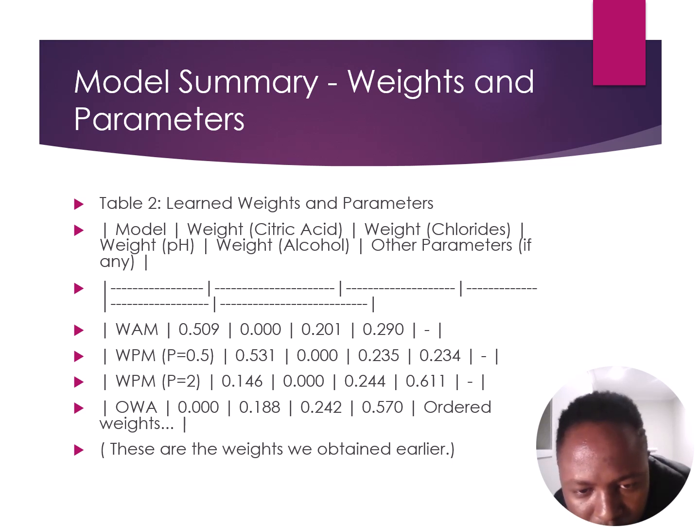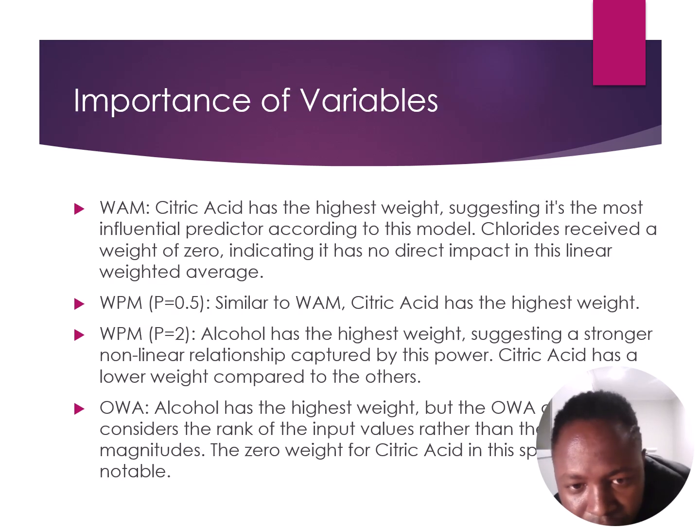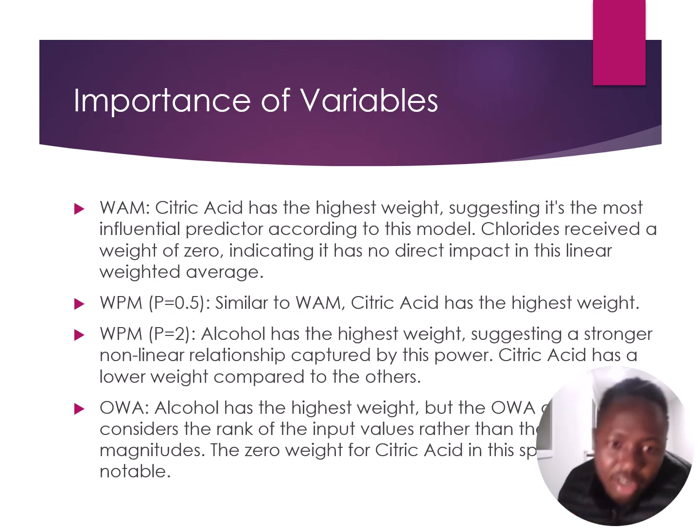The WPM, which is power of 2, which is 0.146, 0.00, 0.244, 0.6. And the OWA, the values were 0.00, 0.188, 0.242, 0.570 respectively. So these were the weights which I acquired earlier, or so the importance of the variables.